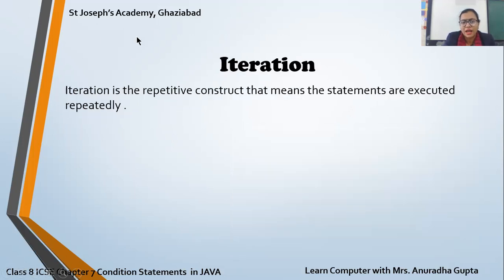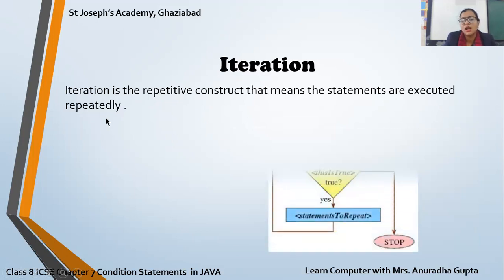Third is iteration. Iteration is the repetitive construct, which means the statements are executed repeatedly. On the basis of a condition, we are executing a statement again and again. Let's understand this with the help of a diagram. Here we have the condition.